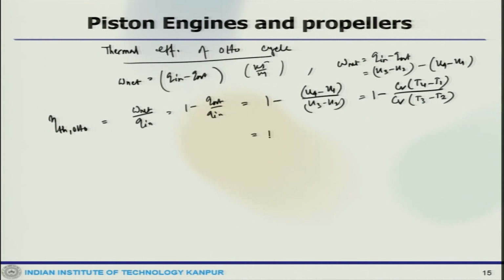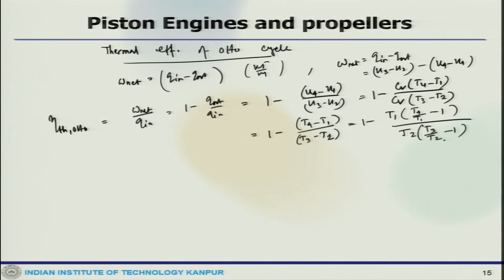So what we get is 1 minus T1 (T4 by T1 minus 1) by T2 (T3 by T2 minus 1).